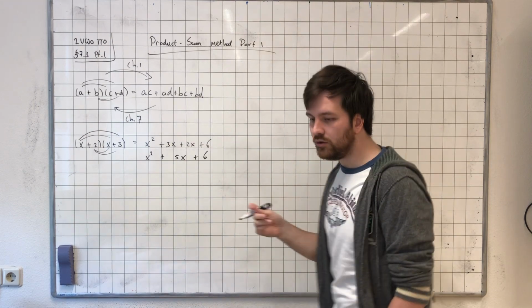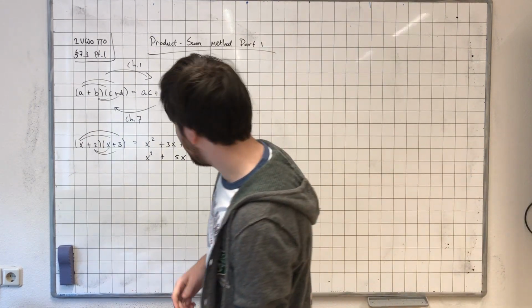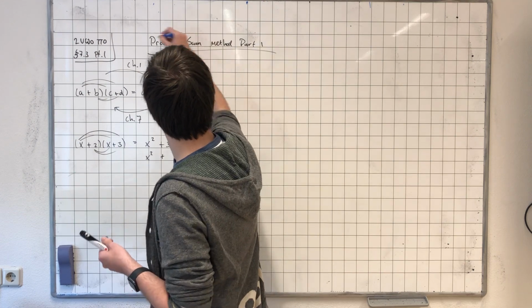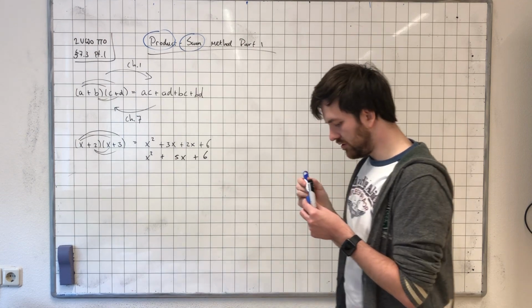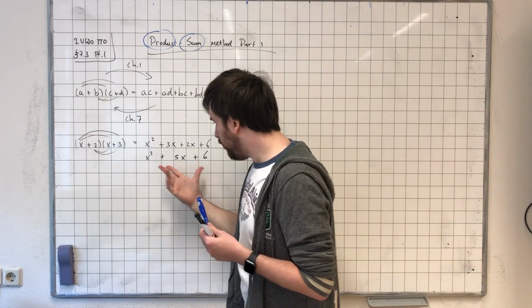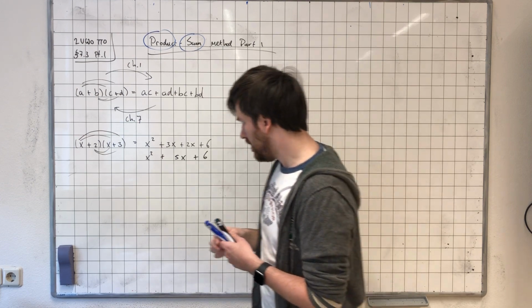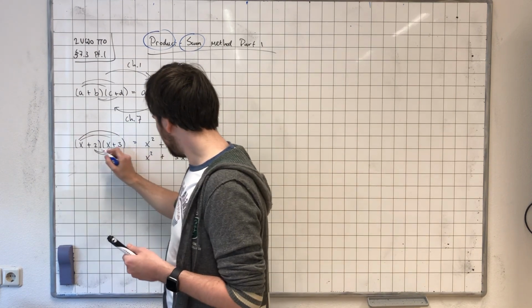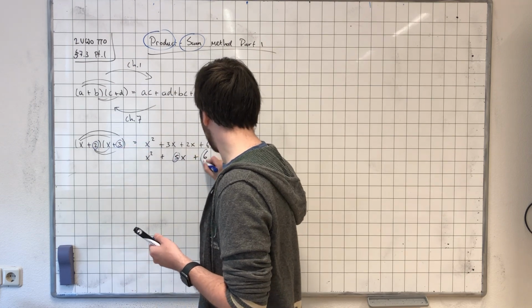Maybe you already get a little bit the idea, because we're looking for a product and we're looking for a sum. So what is a product and what is a sum? And what do they have to do with these numbers? The numbers that you'll have to work with are 2, 3, 5, and 6.